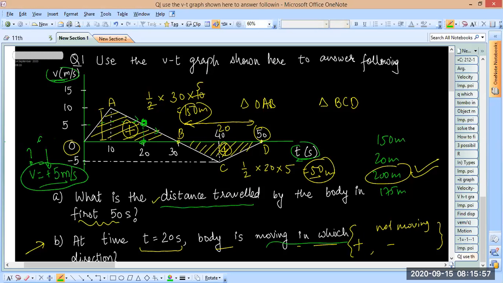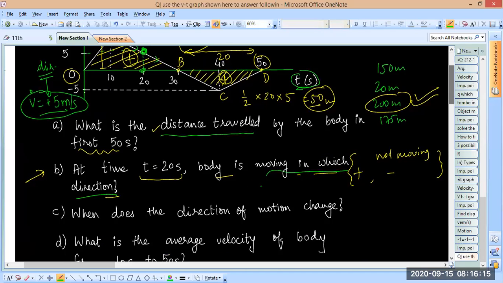It is indicating direction because velocity is a vector. All right. So this would mean that this velocity is in positive direction. If velocity is in positive direction, it means the object is moving in which direction? In positive direction. That's your correct answer. All right.